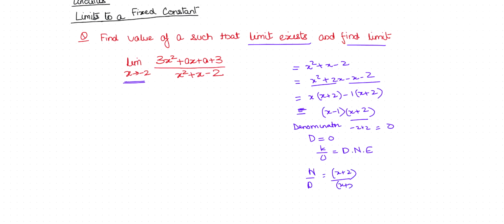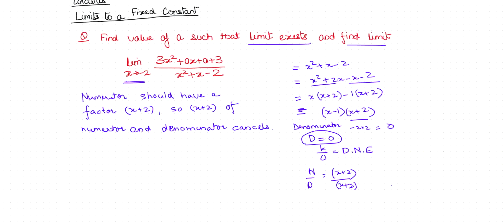So the numerator should have a factor x plus 2 so that the limit exists, because if we put x equal to negative 2, the denominator becomes 0.